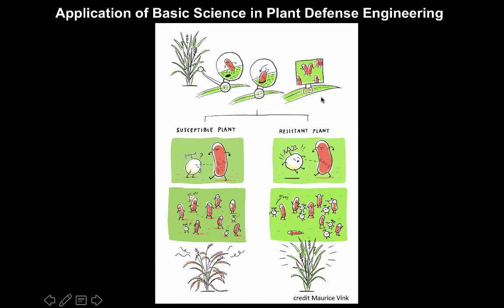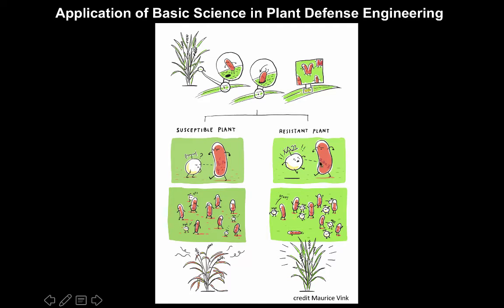On the other side of the spectrum are resistant plants, which have receptors or antennas. In this case, we studied an antenna called XA21, which recognizes a signature of the bacteria called RaxX.